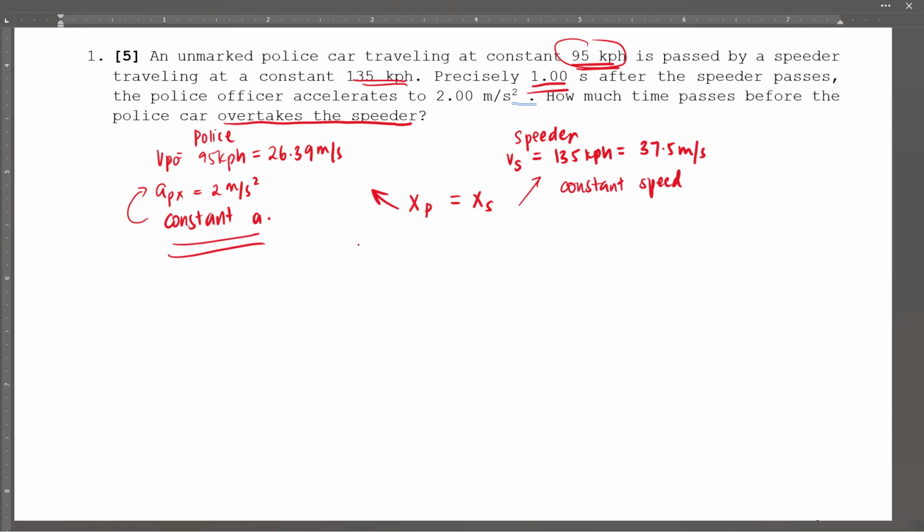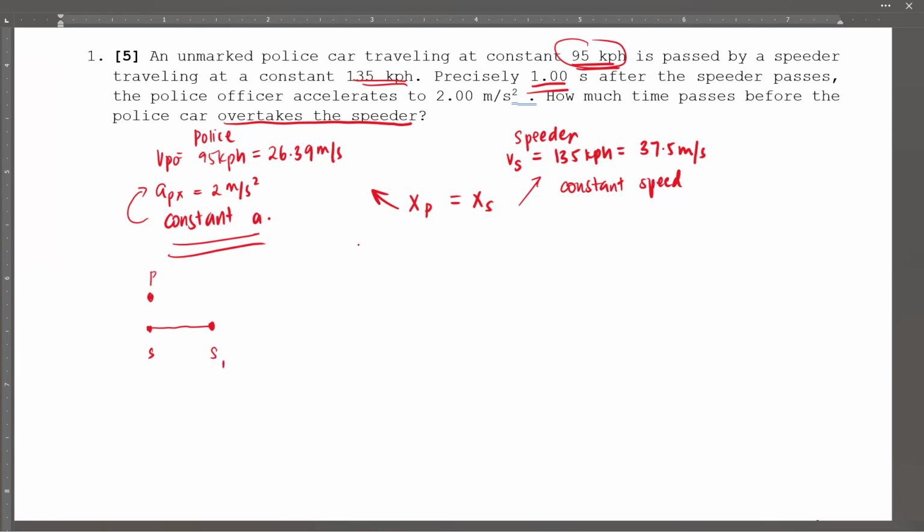Okay, 1 second later. So, kung idodrawing natin yan, initially, nandito si police, and then initially din, nagtama sila ni speeder. Pero 1 second later, exaggerate lang natin, yung naging posisyon na ni speeder is eto.